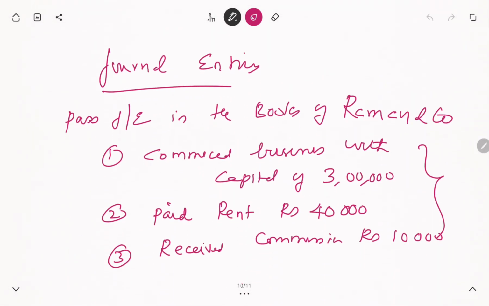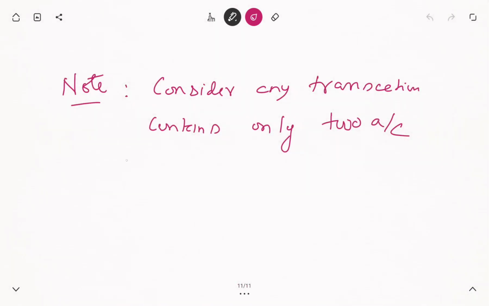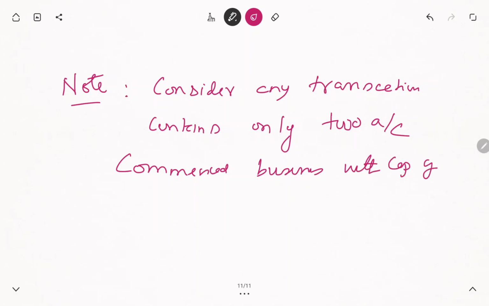What is the first transaction given? Commence business with capital of 3 lakhs. Okay, what I told, every transaction contains 2 accounts.